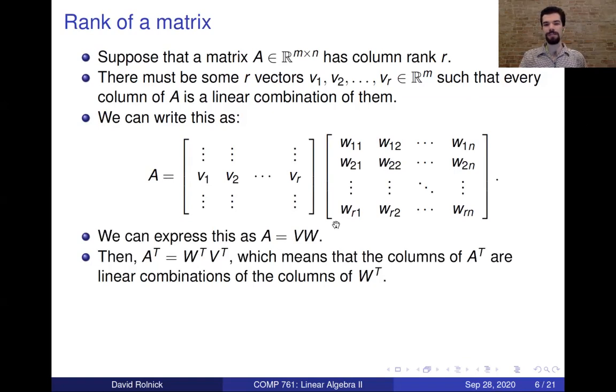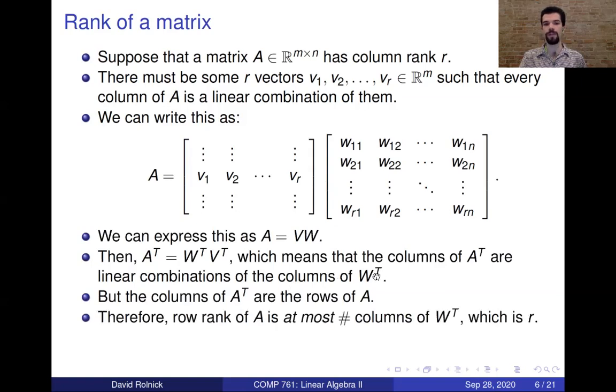So what does that mean? Well, the columns of A transpose are the rows of A. So if we know that all the columns of A transpose can be represented as linear combinations of the columns of W transpose, then the row rank of A is at most the number of columns of W transpose.